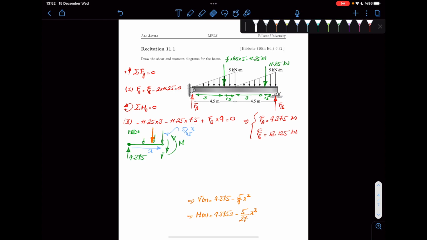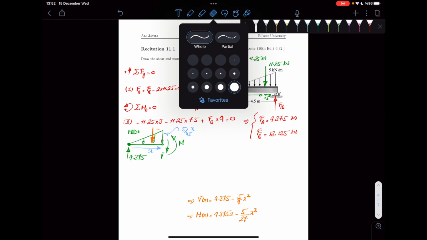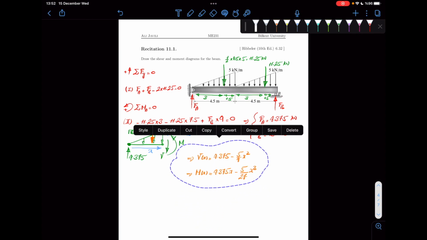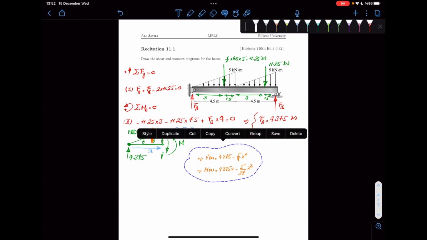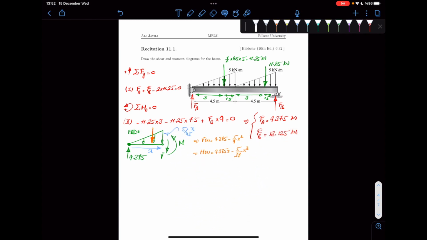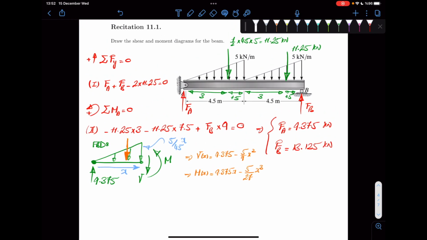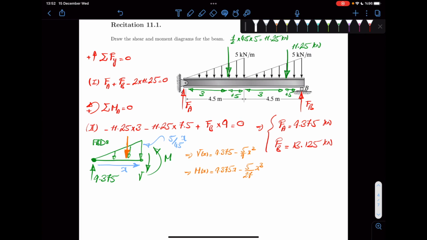Okay, sorry, we have come this far. This is for the first part of the problem. Now let's repeat the same thing for the second part.